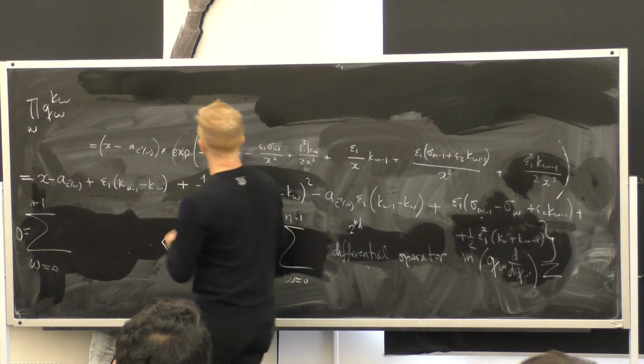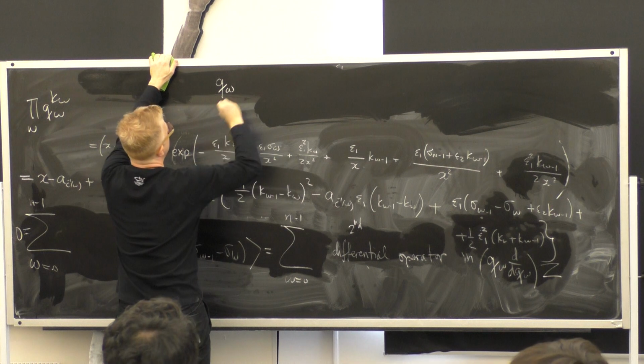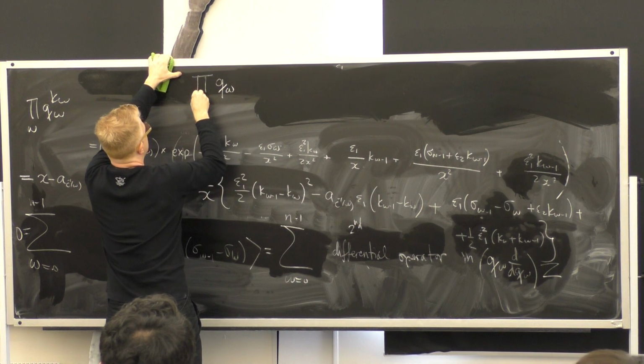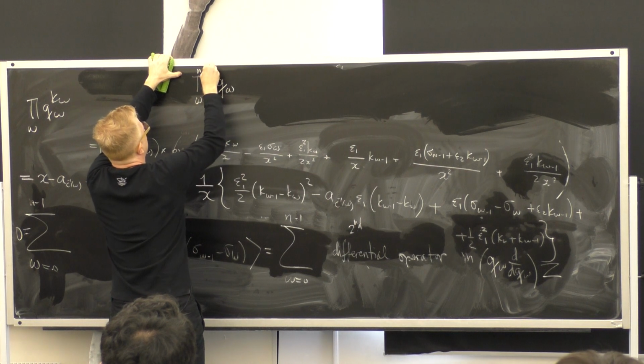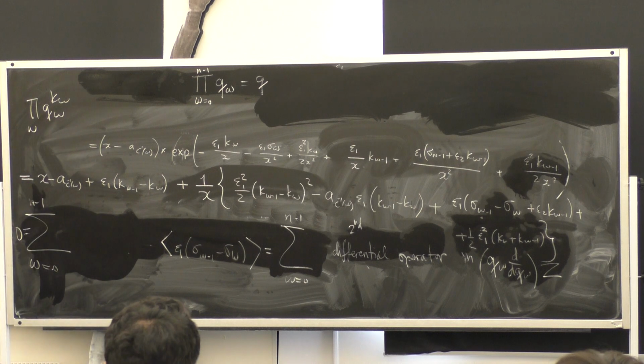So it is convenient to reparameterize these couplings Q omega in the following way. The product of all omegas, let me call it Q, turns out to be the fugacity for the bulk instanton charge.